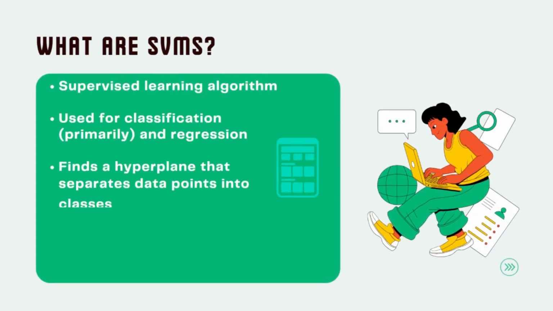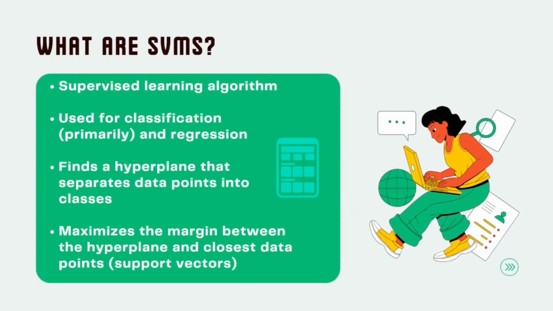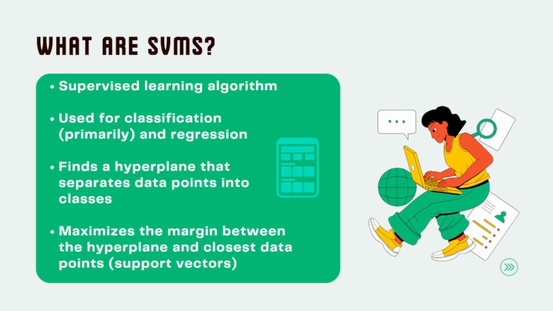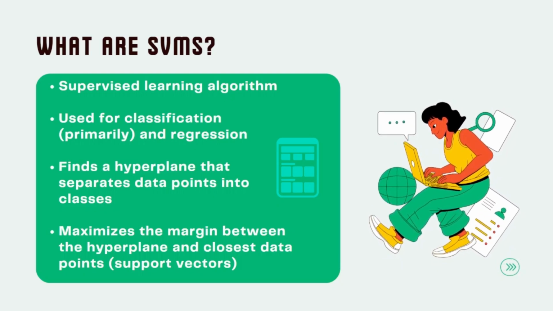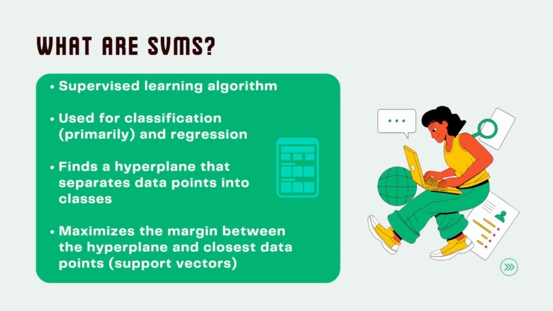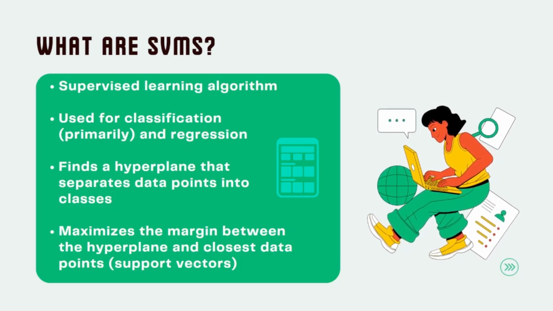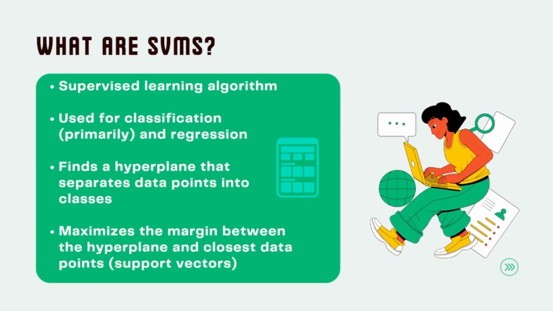So let us first find out what SVMs are. A support vector machine is a supervised learning algorithm, which means it learns from labeled data. They primarily focus on classification tasks, where the goal is to categorize data points into predefined classes.